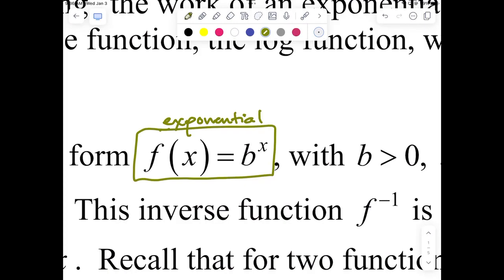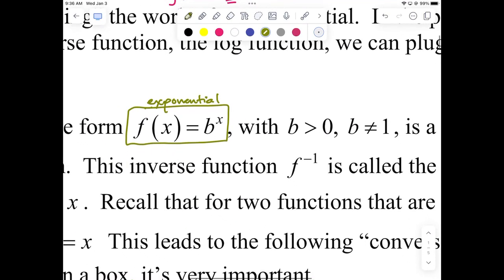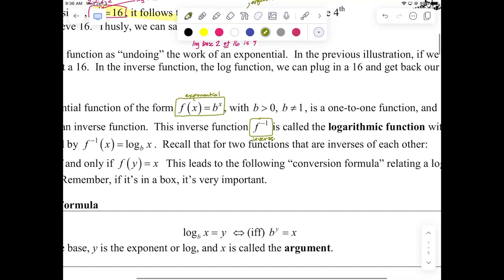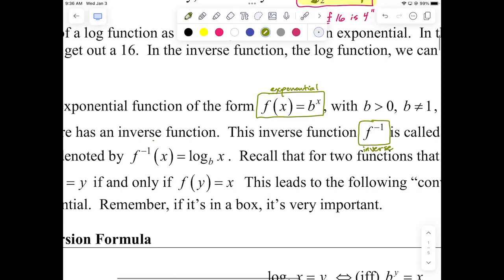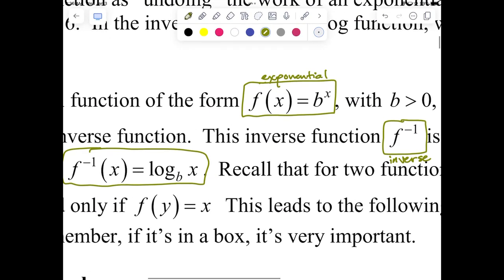If the base is bigger than 1, it's growth. If it's between 0 and 1, it's decay. Remember we denote the inverse like this: f to the negative first power. We say that's the inverse of f. It undoes the work of f. It's going to be your log function, and we write that as log base b of x.